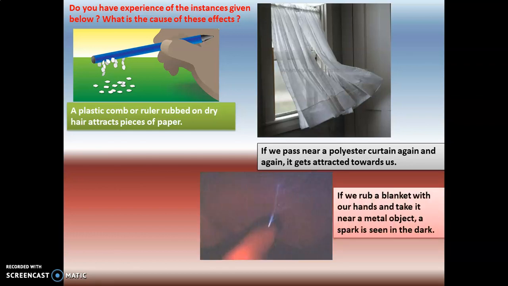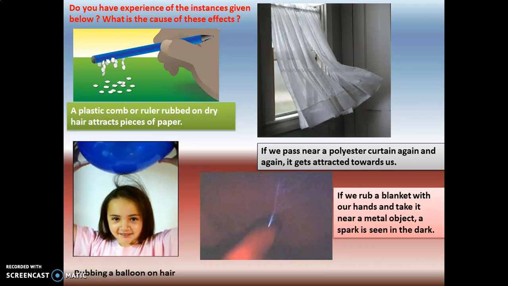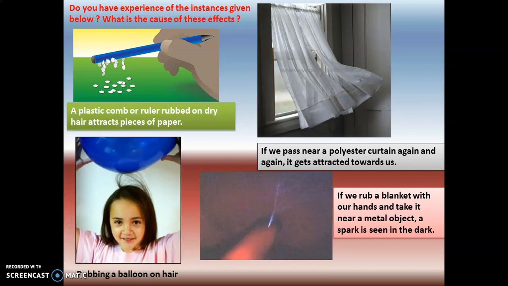If we rub a blanket with our hands and take it near a metal object, a spark is seen in the dark. Or when we rub a balloon on our hair and take the balloon close to our hair, we see that the hair sticks to the balloon.